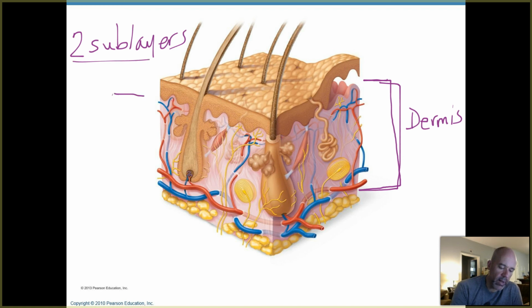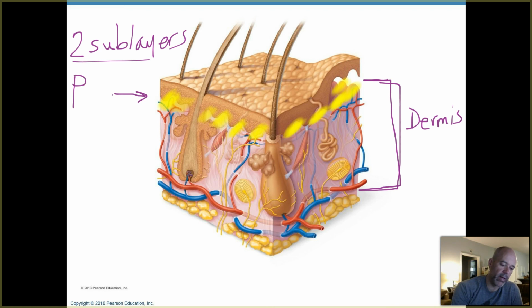Right in here up at the top, I'll turn on my highlighter. Up in here where you see these little hills poking up into the epidermis, those are the most superficial parts of the dermis.